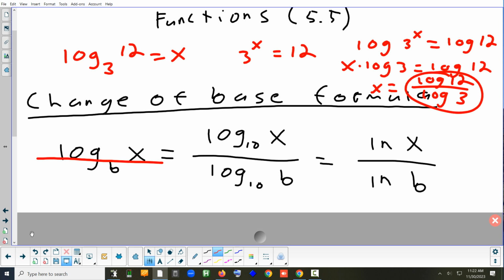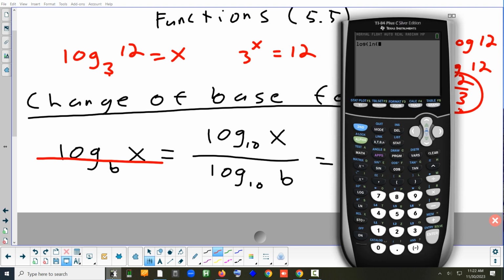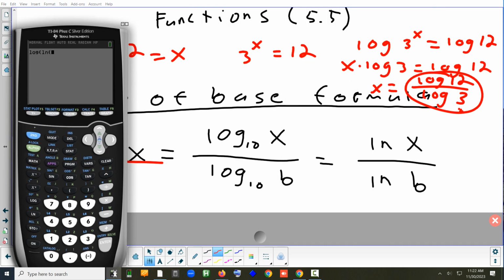So let's say we wanted to find log base 3 of 12. You would take the log of the argument and divide by the log of the base. It's just going to allow us to jump right to this final step. So take log of the argument, make sure you close the parenthesis, and divide by log of the base.